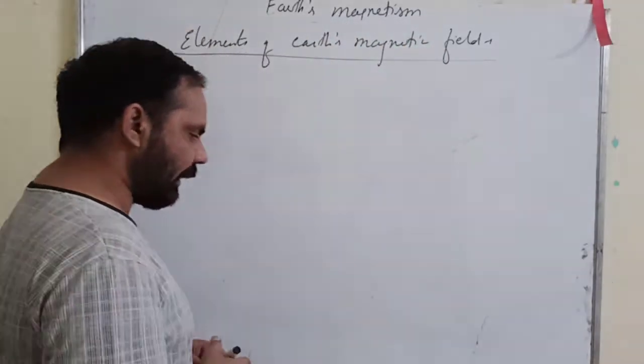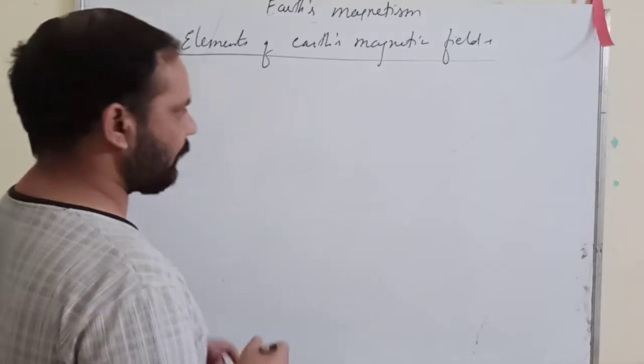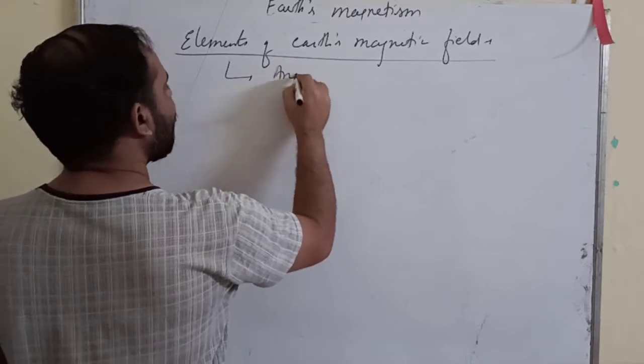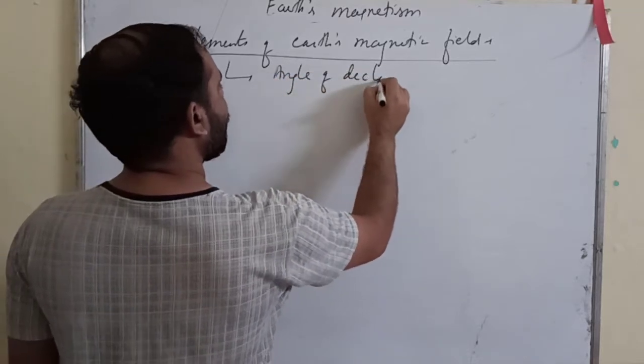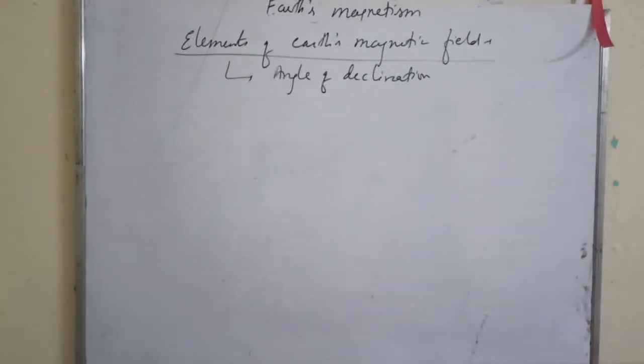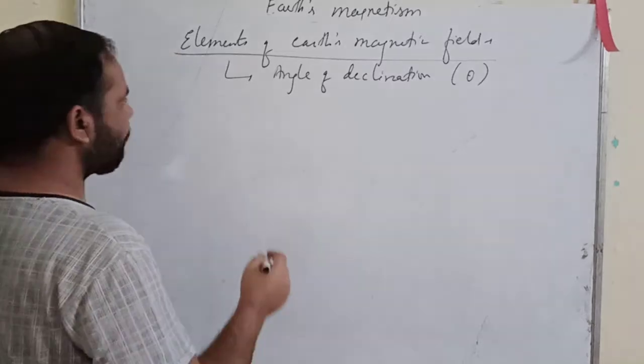So these are three elements. By measuring them, you can tell the nature of the magnetic field of Earth at a place. The three elements are: first, the angle of declination, which we will denote by theta.